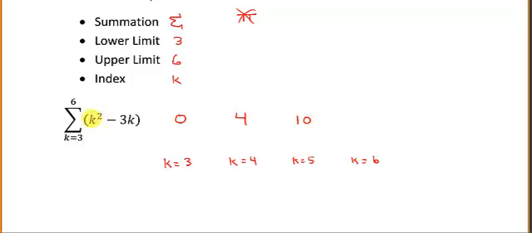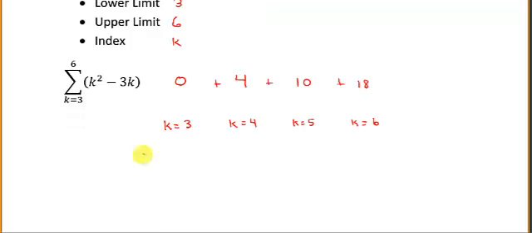When k is 6, I would get 36 minus 18, which is 18. And so I'd add these together because, after all, this is a summation. The value of this summation will be 0 plus 4 is 4, plus 10 is 14, plus 18 is 32. So these are examples of summations.